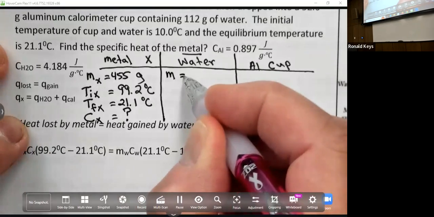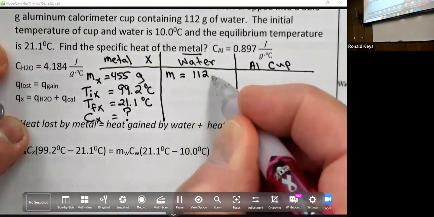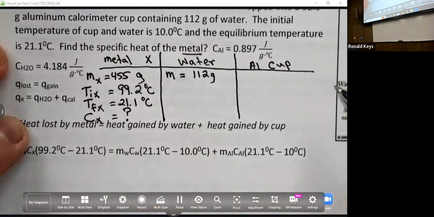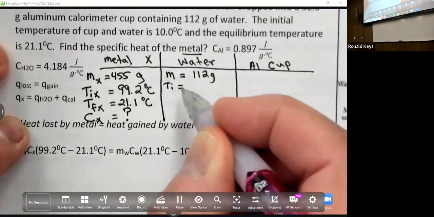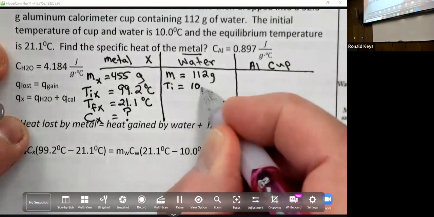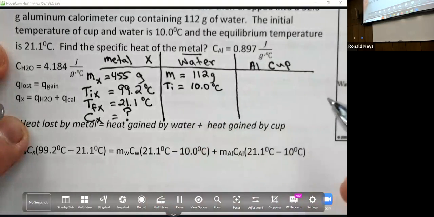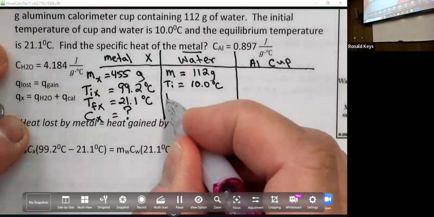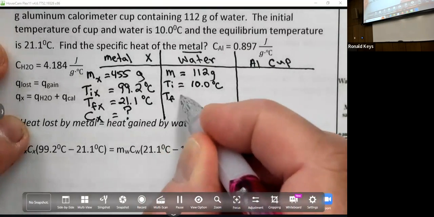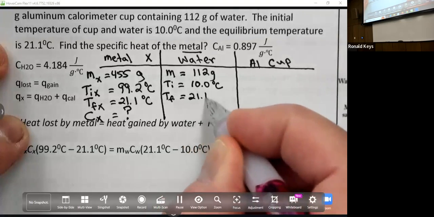It's dropped into 112 grams of water. The initial temperature of the water was 10. The final temperature of everything, it's all the same, was 21.1.